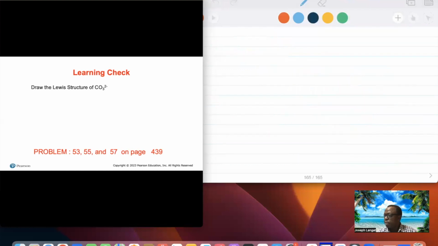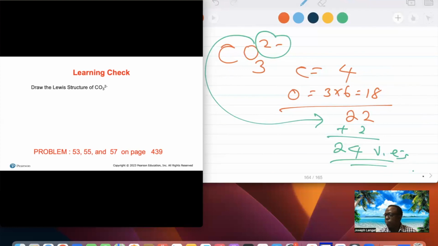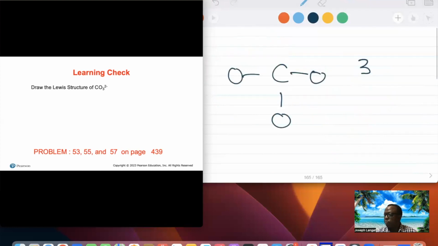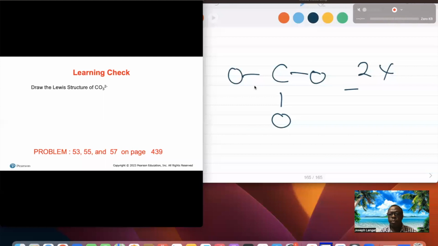Number 2, draw the skeleton. If I draw the skeleton of the molecule, carbon is bonded to 3 oxygens. Subtract the bonding electrons: 24 minus the bonding. We have 1, 2, 3 bonds.